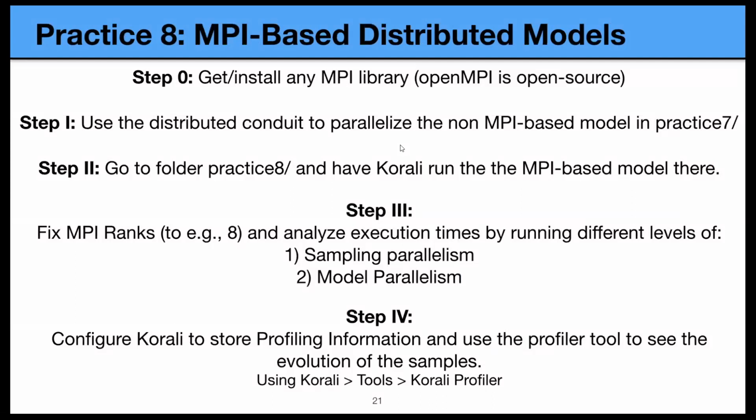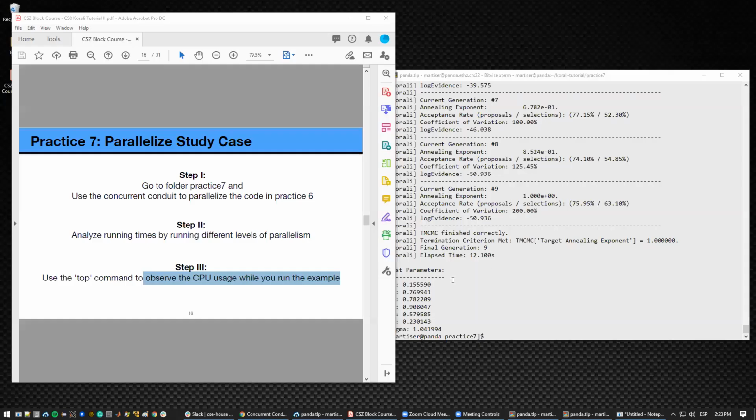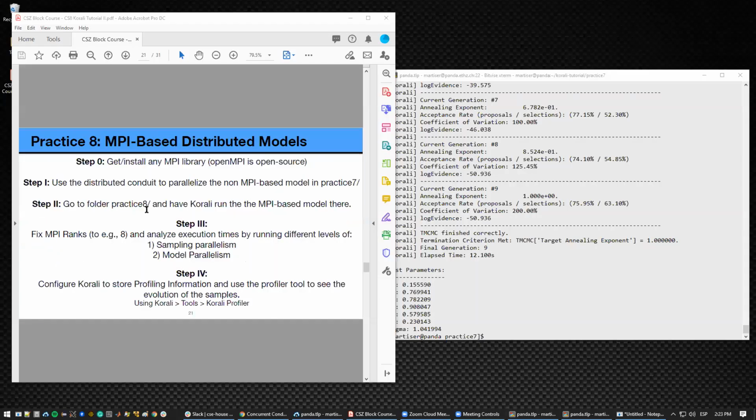So practice 8. Let's go back to the code. Step 0, first of all, get a hold of an MPI library. If you go to OpenMPI, that should work fine with Korali, and that's open source, free to compile and to use, and it even comes pre-compiled if you don't know how to compile it.